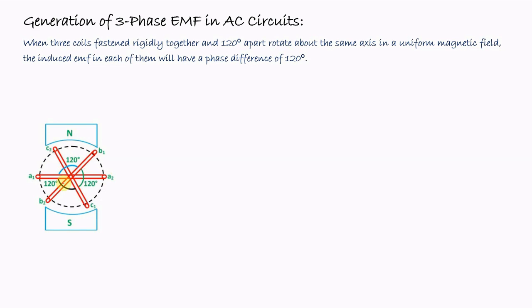So if we place these three coils in this manner, the angle between two coils is exactly 120 degrees. And these three coils are rotating within a constant magnetic field, in the anti-clockwise direction with the same velocity, that is omega radian per second.